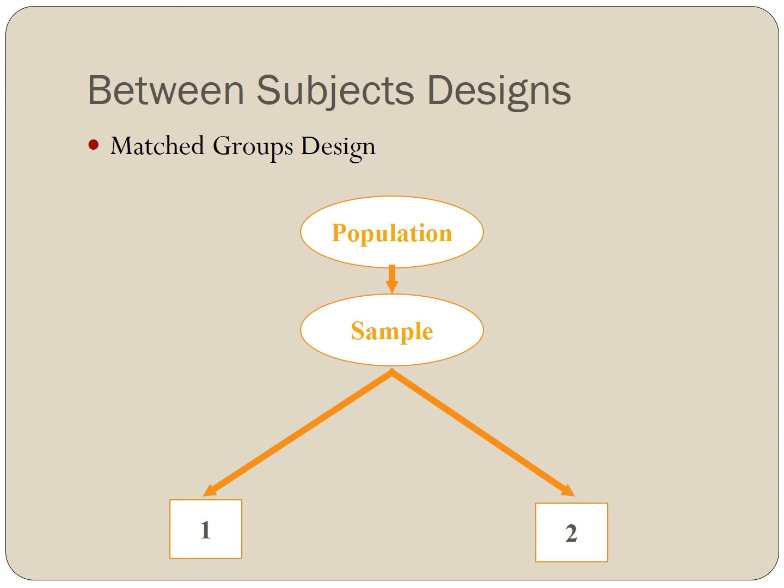Now moving on to the third type of between subjects design that we'll be talking about today. And this is one you're going to want to pay attention to because it's a little trickier. This one is called a matched group design.